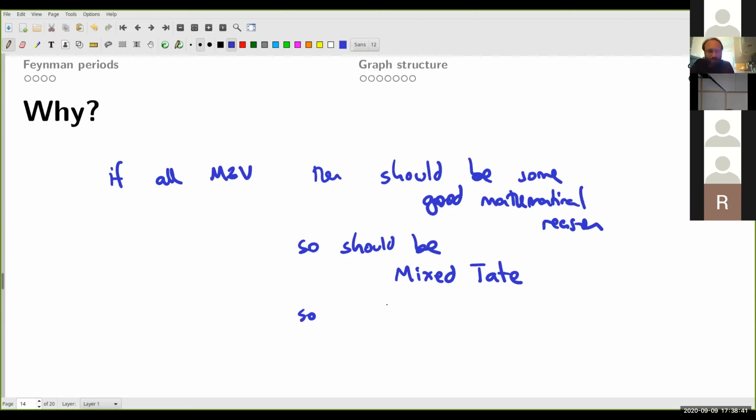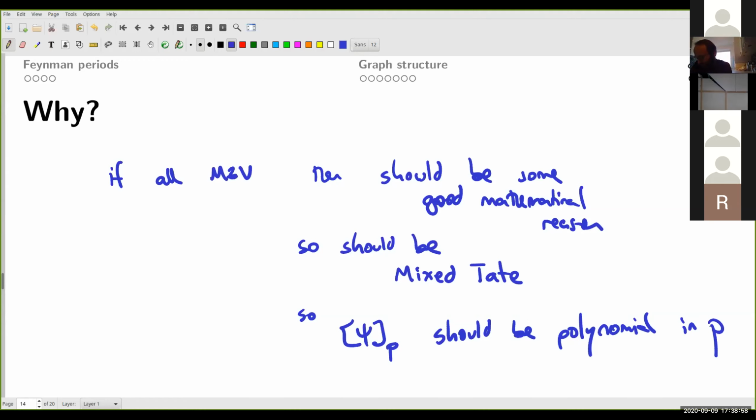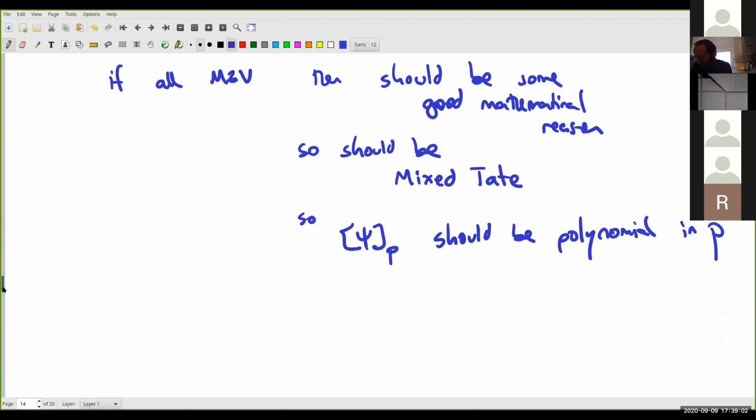In particular, if you're in this mixed Tate case, what should happen is that these point counts should be a polynomial in p. That's not obvious a priori, but that's part of what this overall mathematical structure tells you: if you get all these shoulds lining up, then that's one of the things that you should get.